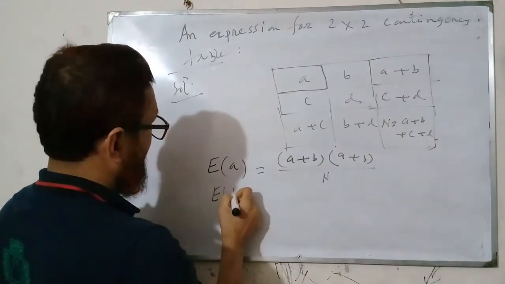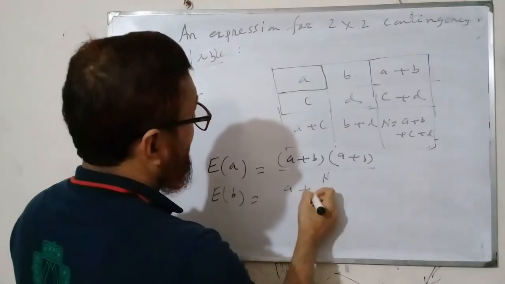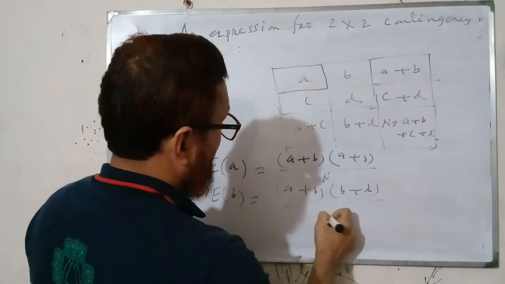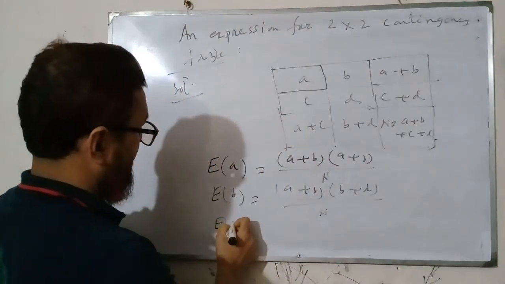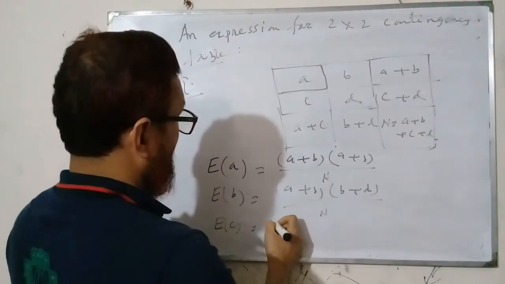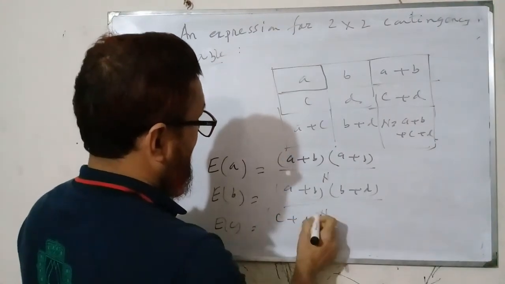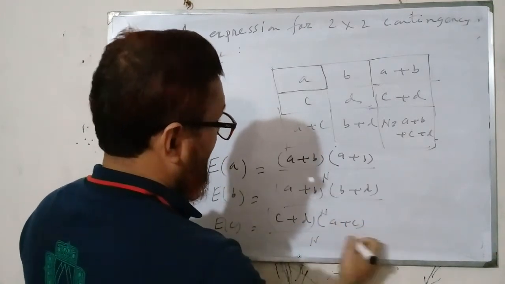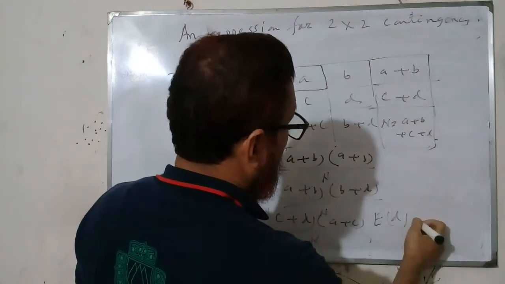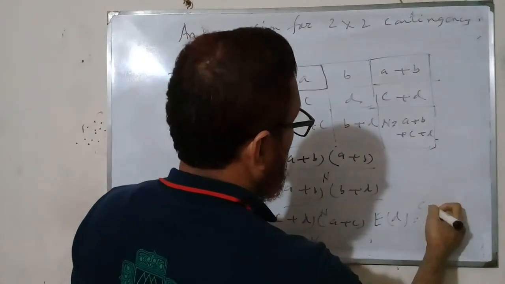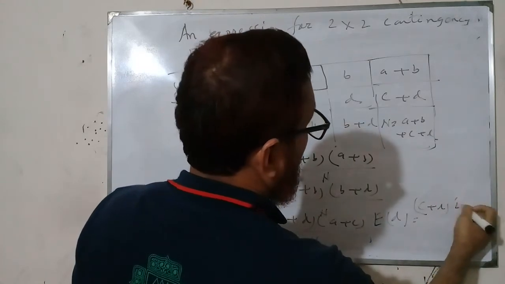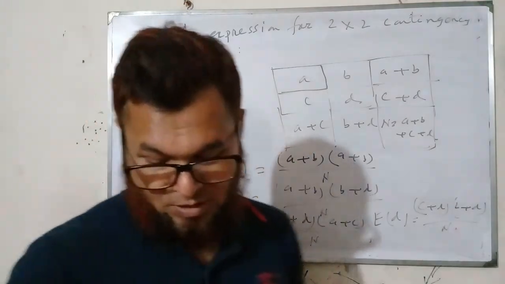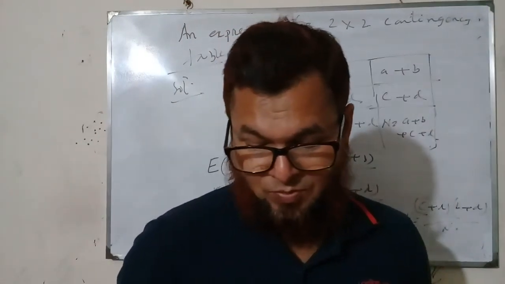Similarly for B, C and D, row total into column total by n.